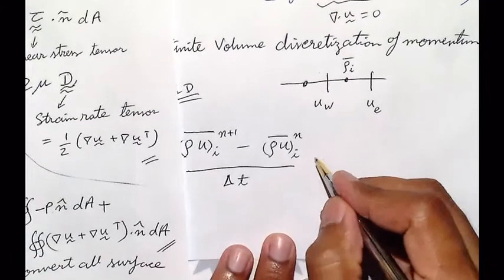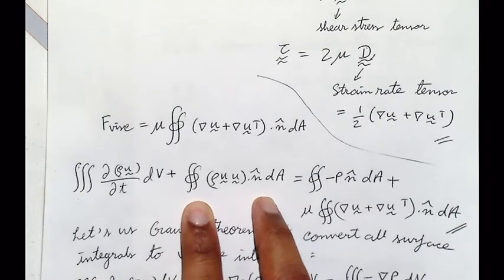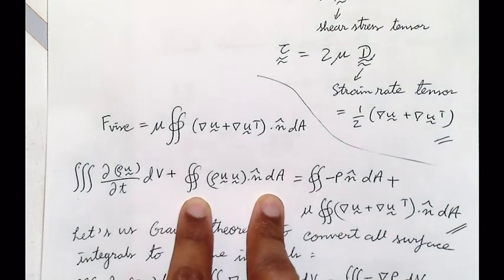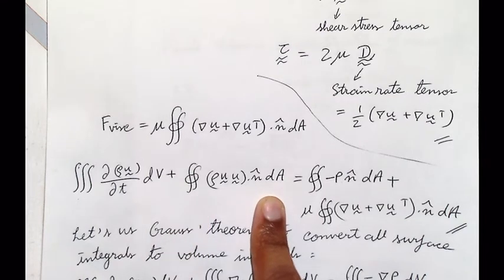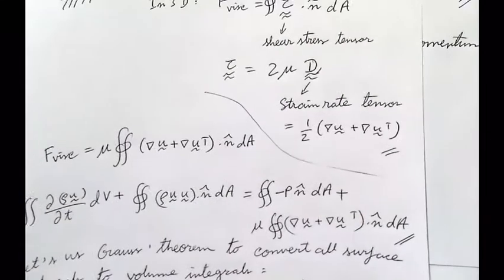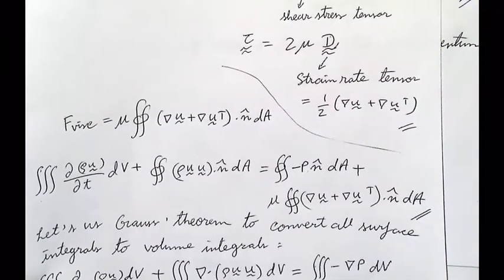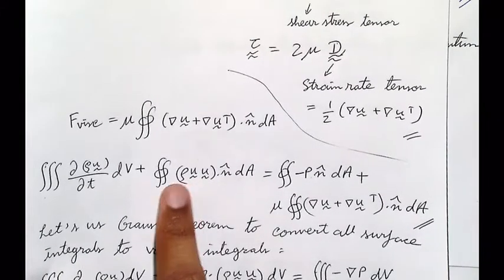Divergence theorem. With finite volume, remember, we want it to stay in flux terms. Right? So what's the next term? How do we discretize this? Flux u is rho u times u, right?